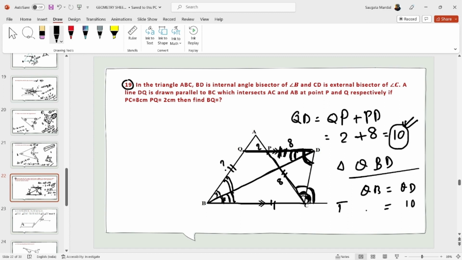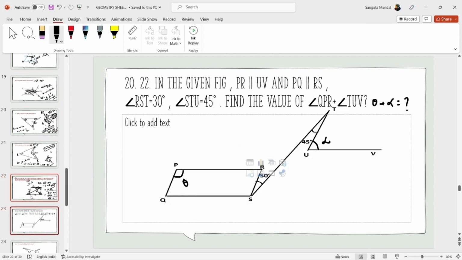So automatically QB is 10. QB or BQ are the same thing. So what is the value of BQ? This is 10. This is the answer. Now go to the next question.